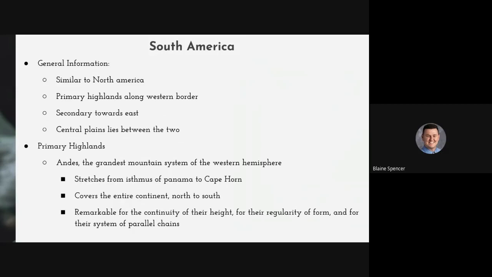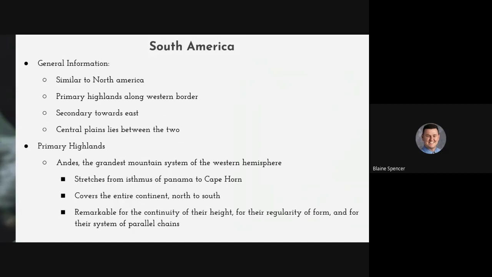The secondary highlands are going to be on the east, just like North America. And the central plains, guess what? Lies in between the two highlands, between the primary and the secondary. North and South America have a lot of similarities. Now, of course, we know that they have differences, but there are similarities between the two.